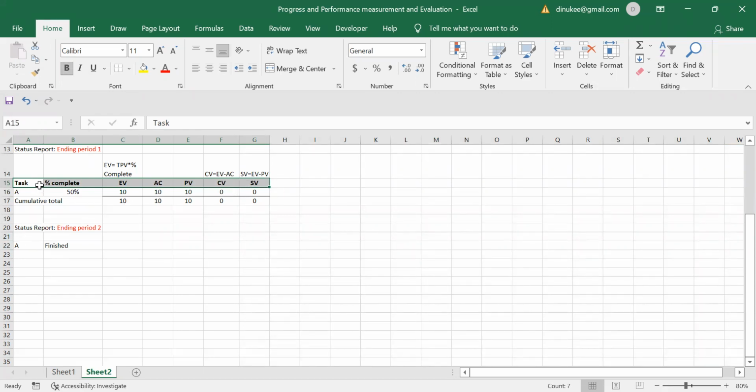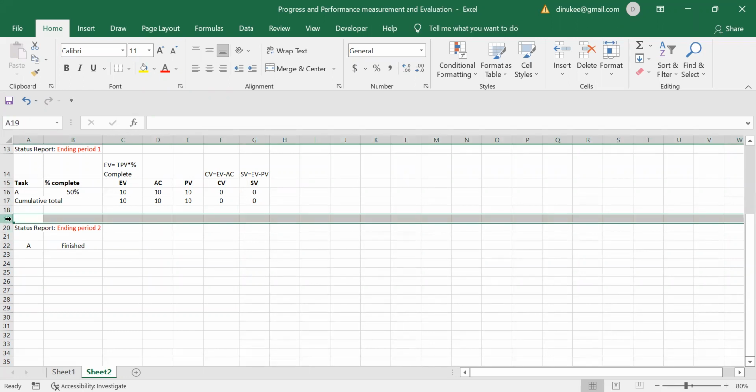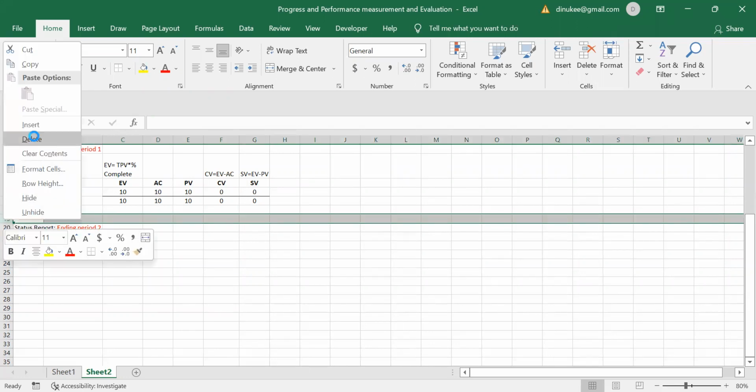So the task A percentage complete is going to be finished now, and I am asking you to calculate the earned value. So what is the earned value for activity A when the period is 2? So I am mentioning what are the calculations that you have to do.